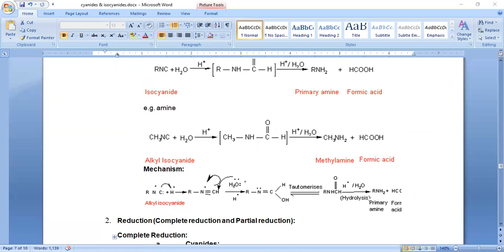Thereby R, NH minus and double bond OH. This is one type, not tautomerization, this is resonance. Actually tautomerization is like this. Okay, I will show you. Here, R, this is N minus double bond.